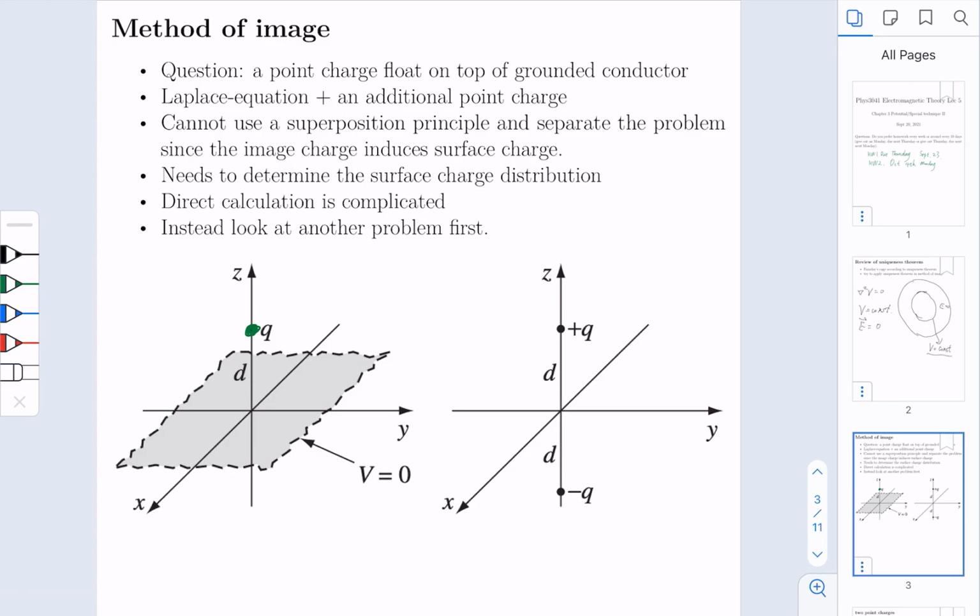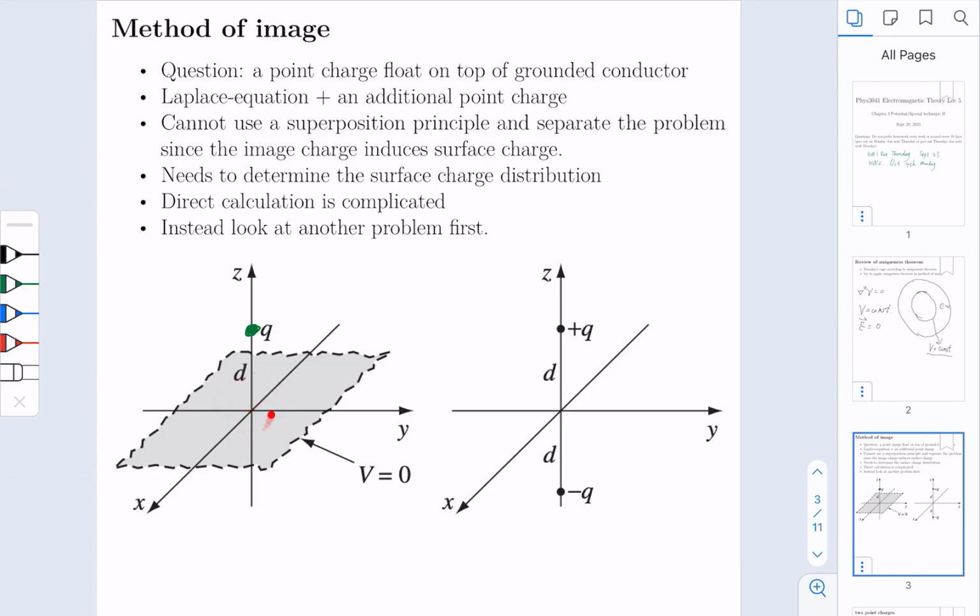Well, the answer is that this separation is not possible, because if there is a point charge here, then this charge will attract the negative charge near this center.